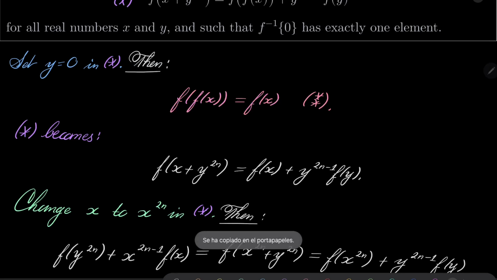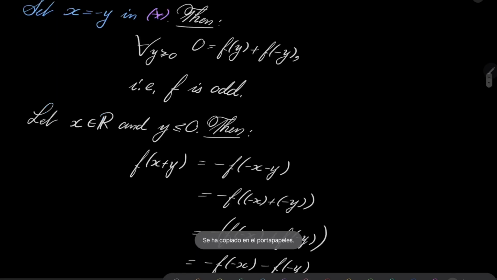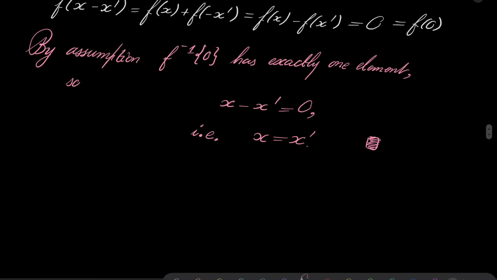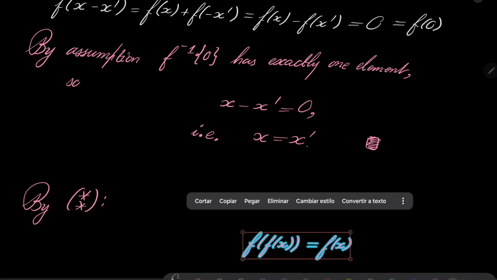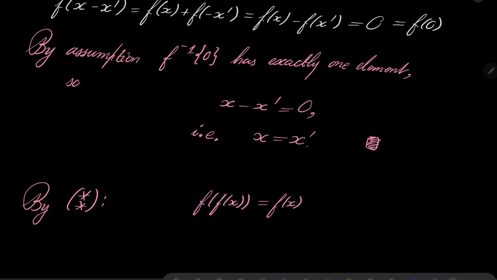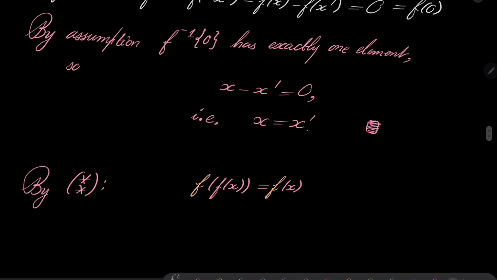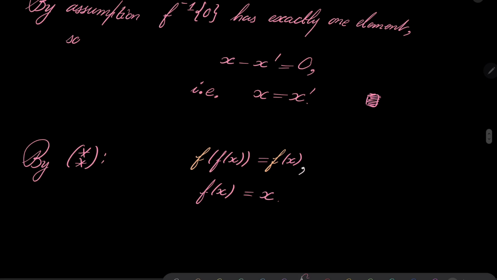By condition double asterisk, we have this, and by injectivity, we can cancel this outer occurrence of our function. So f of x equals x. So our function needs to be the identity function.